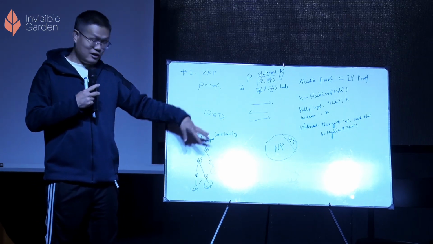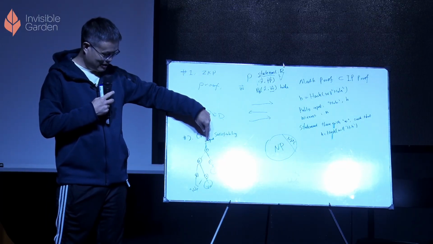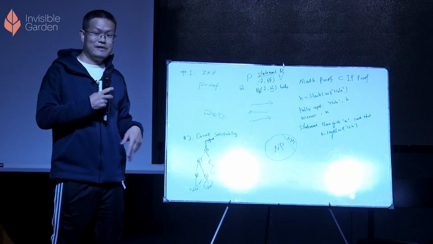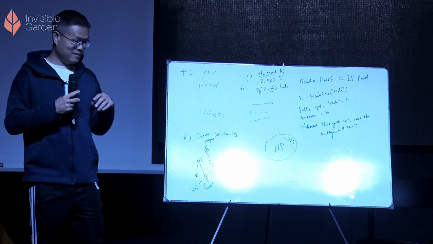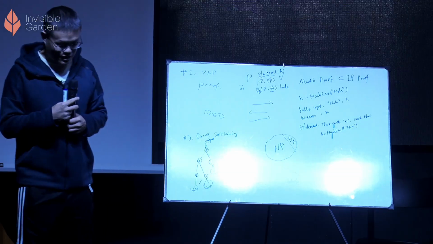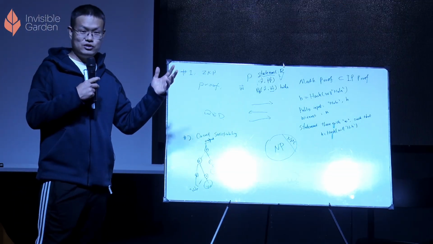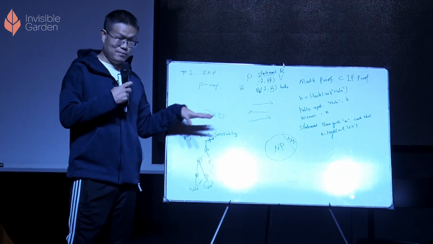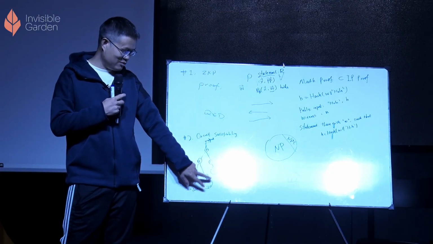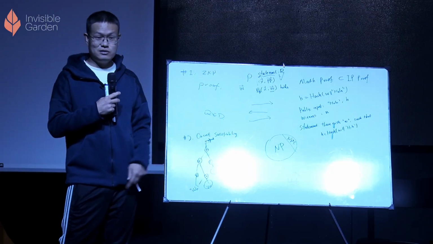But the verifier only has the public part, the public input or public output. To calculate all the values of W and C and all the values in between, the verifier would need intensive computational resources. So it is very difficult.